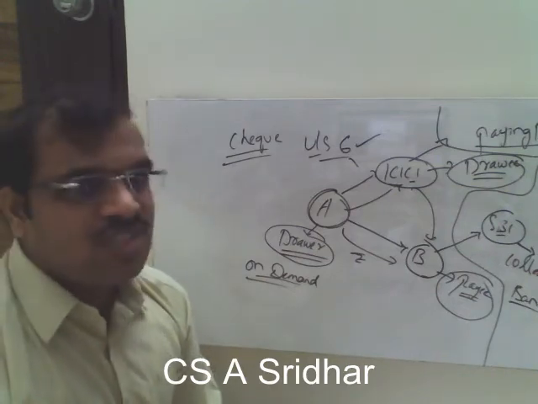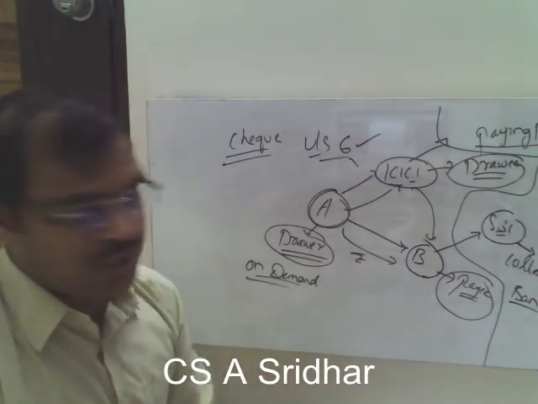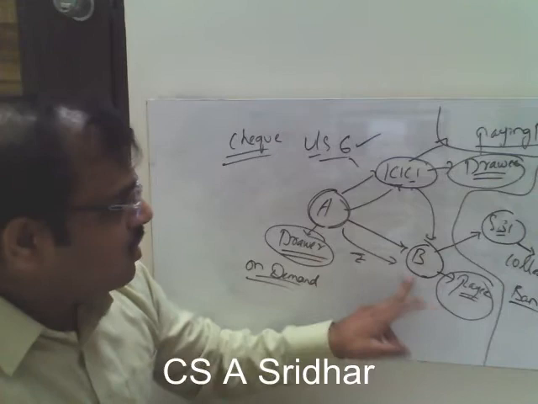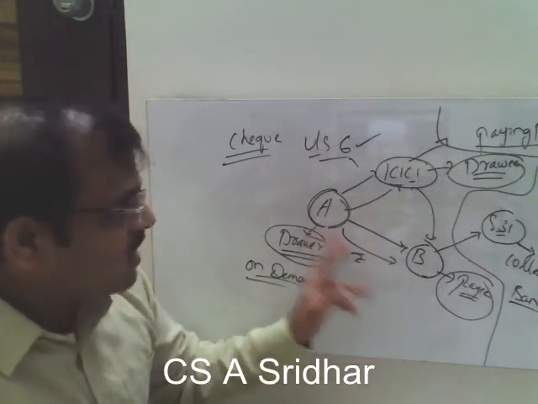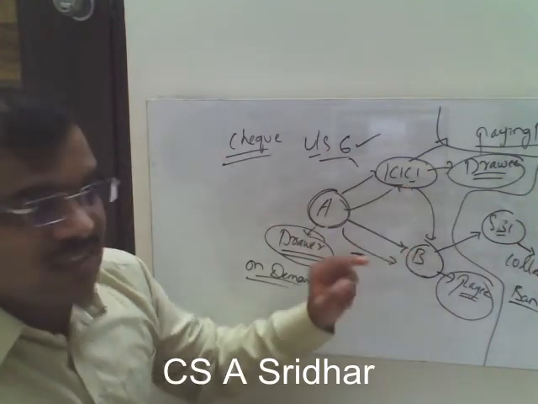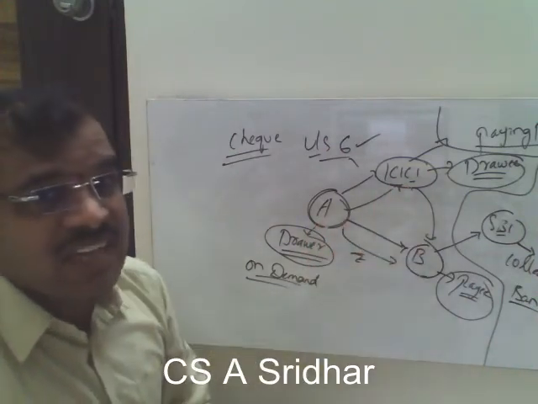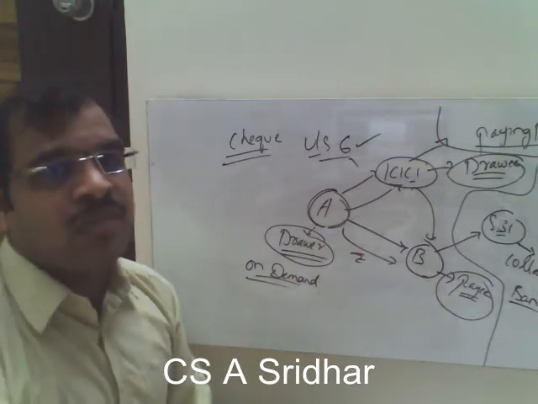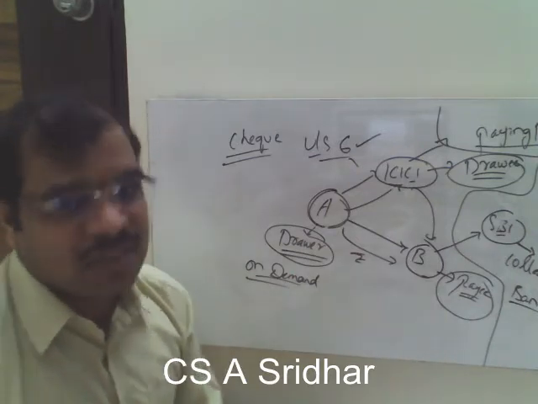In case of check, it is not the situation. If A is giving the check to B, that is to a payee, B need not intimate ICICI, or A need not intimate ICICI that I have given the check. So when I am giving the check, I need not intimate to my banking company that please make the payment.